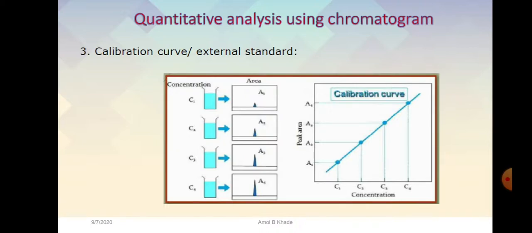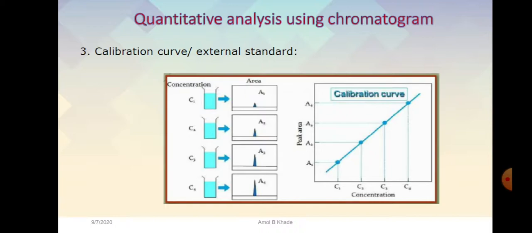These are injected and chromatograms are plotted. After that, you measure the area under the peak and plot it on the y-axis. As these are standards, you know the concentrations of these dilutions, which you take on the x-axis. Then you have your sample whose concentration you want to find out.